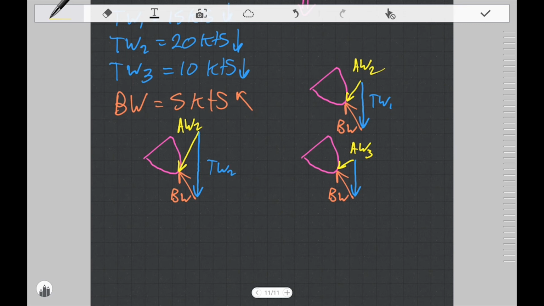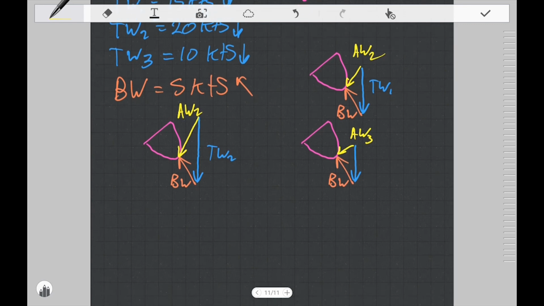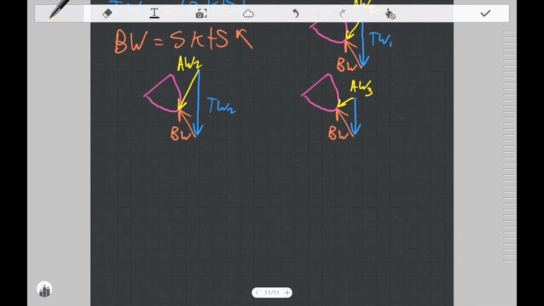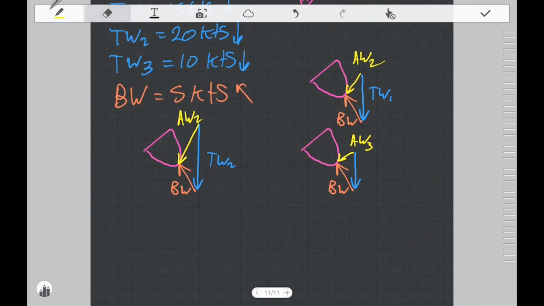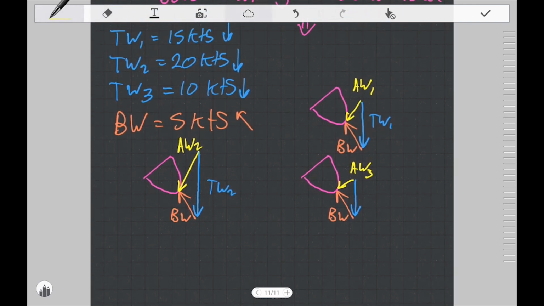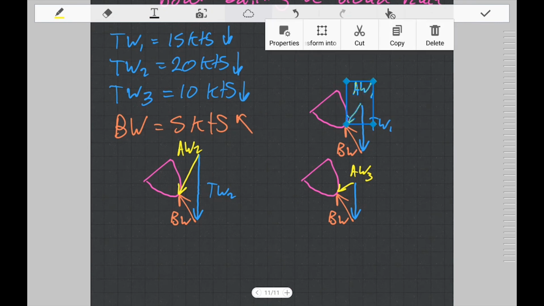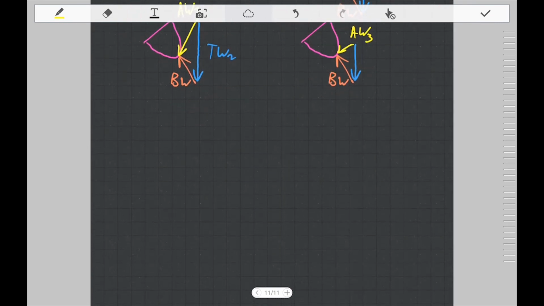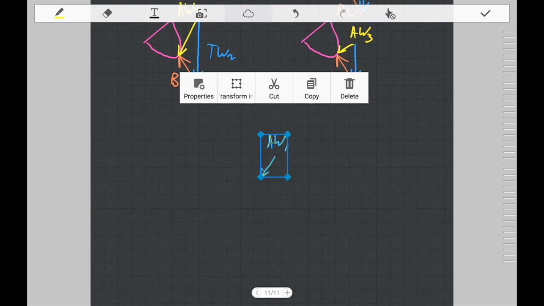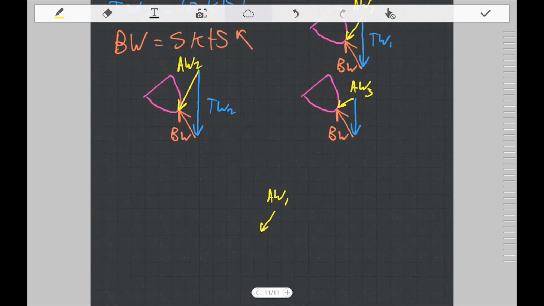So let's see if I can copy those arrows and we'll see which way they go. That was apparent wind 1. So down here we have apparent wind number 1 in yellow. I'm going to copy apparent wind number 2 and make it red.